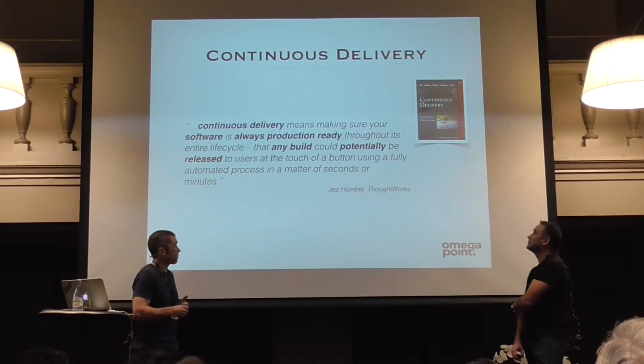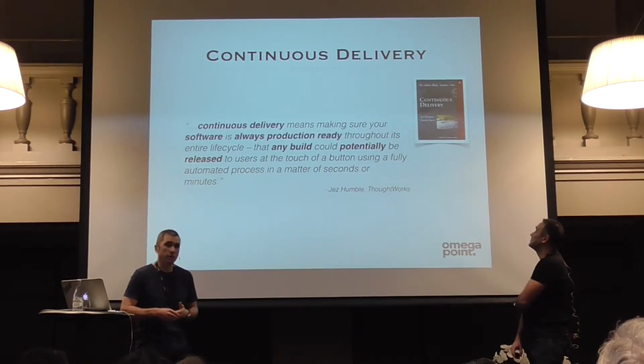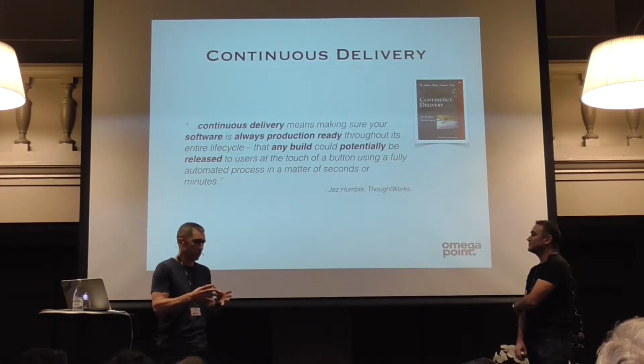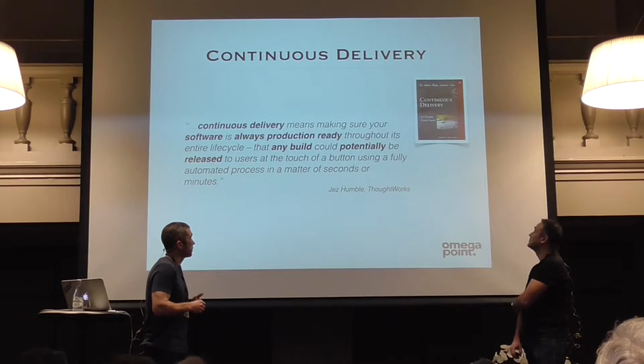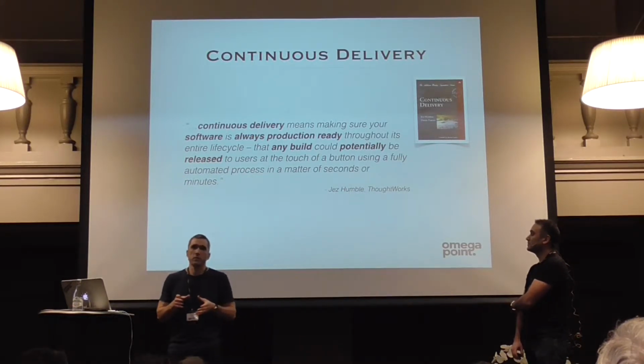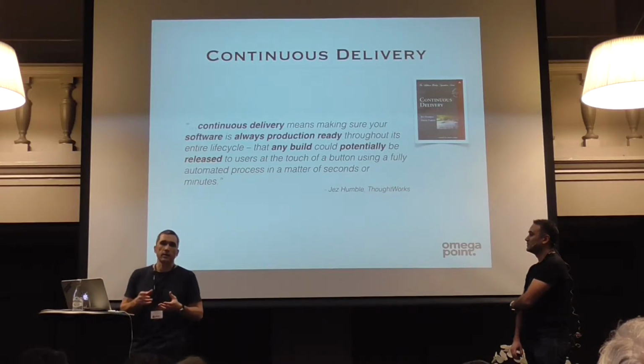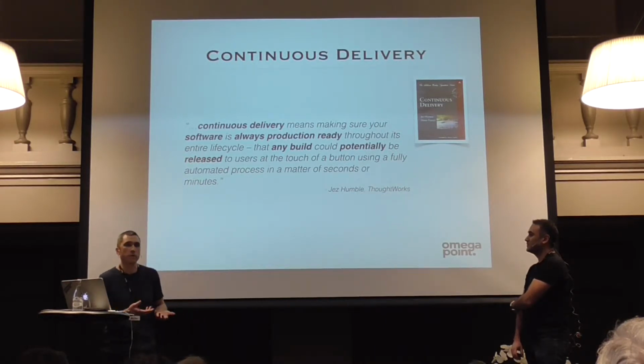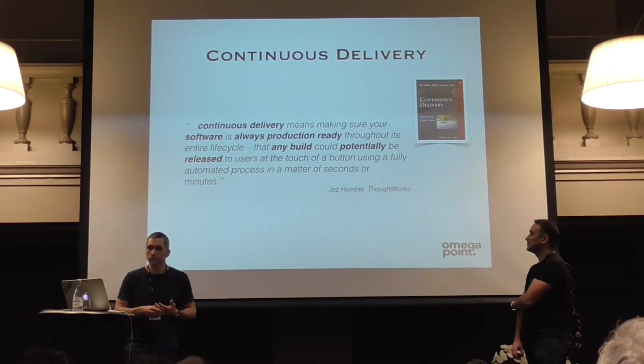Then a couple of other guys wrote a book called Continuous Delivery, which kind of put that term on the map. Jez and David said that continuous delivery is about making sure that your software is always in a state that it could possibly be deployed if you chose to.